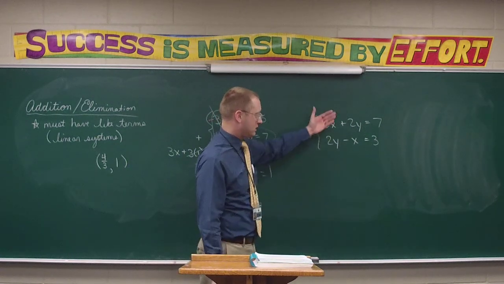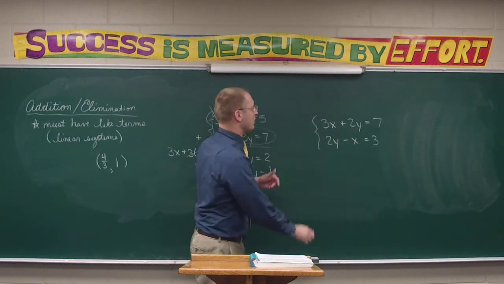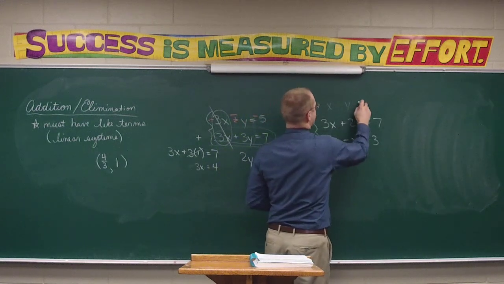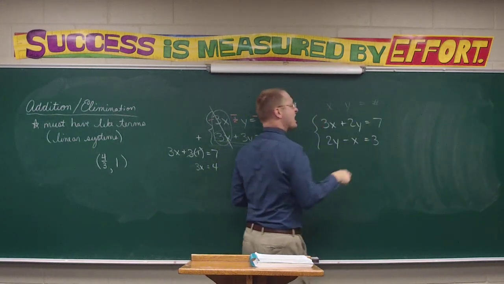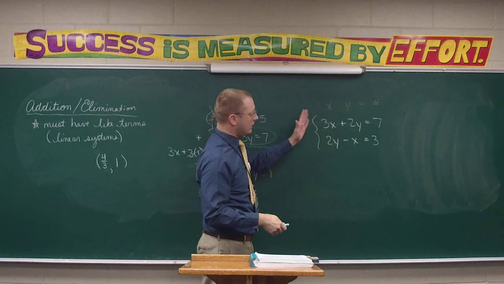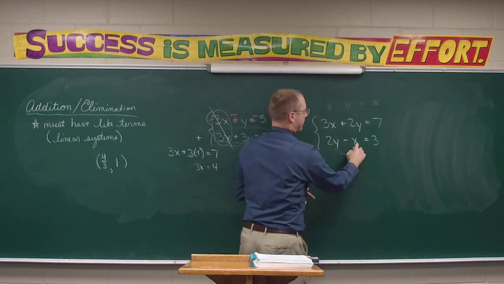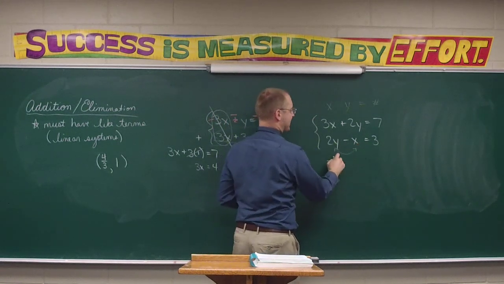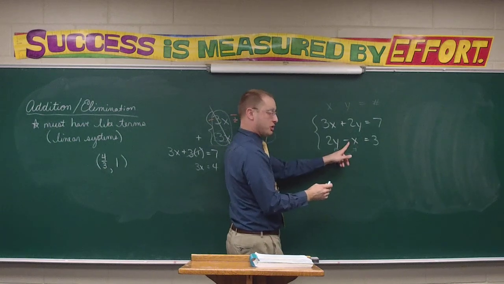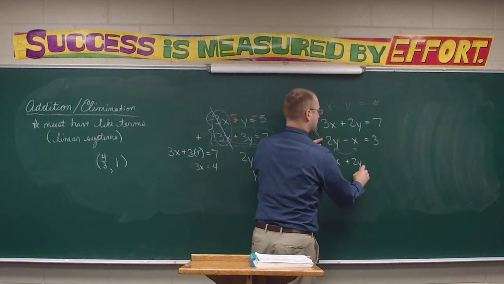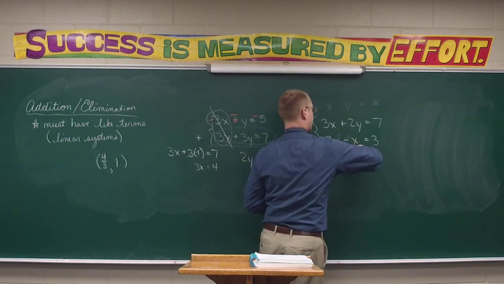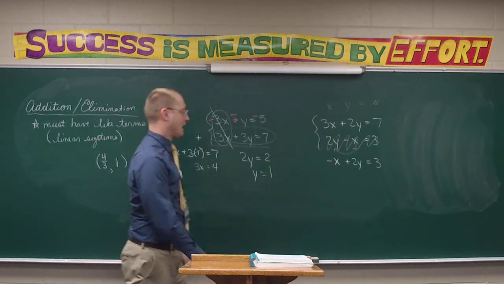Do I have like terms lined up? No. Generally, you're going to want the form x, y equals number. Not always, but generally. So I'm going to leave the top as it is, but I'm going to flip-flop the lower equation. Make it say negative x. Make sure you keep the sign with the term. Positive 2y equals 3. And now they're lined up.